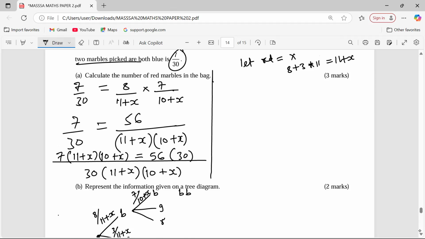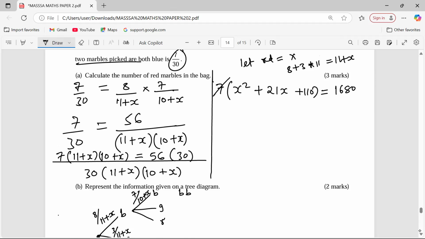7 into X squared plus 21X plus 110. This is equal to 56 by 30, which is, let me confirm, 30 by 56, this is 1680. 1680 that way.